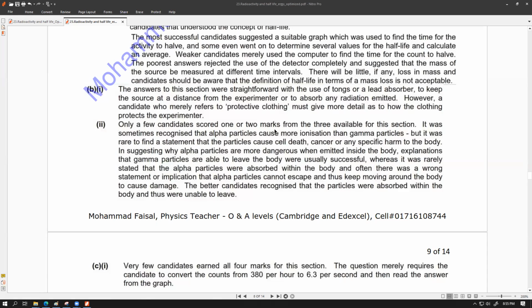No, that is the wrong thing. It does the ionization and gets absorbed. It is not like a germ or a microorganism that is trapped inside the body. The better candidates recognized that the particles were absorbed within the body and thus were unable to leave. Okay, so I think it makes sense.